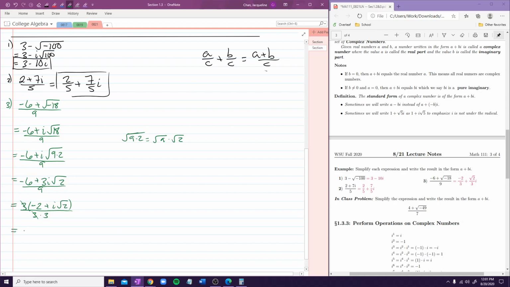I'm left with negative 2 plus i square root of 2 all over 3. Again, we want to be in the form a plus bi, so we're going to take one more step, and this is going to be negative 2 over 3 plus the square root of 2 over 3 i. And that's our solution.